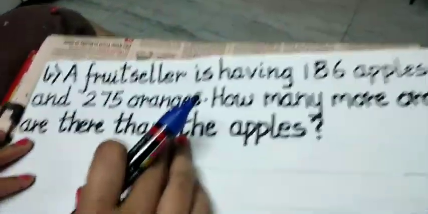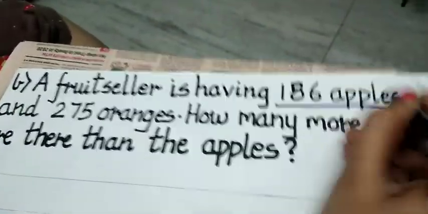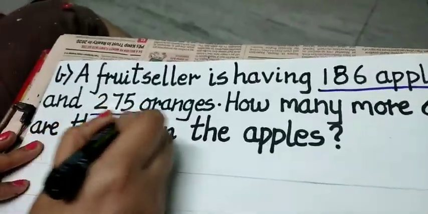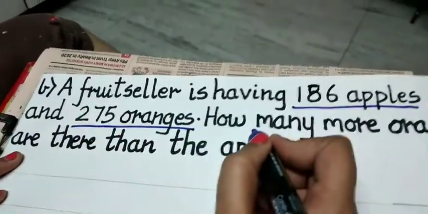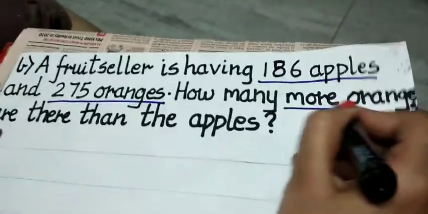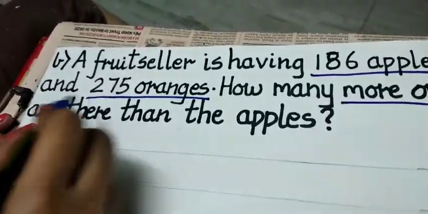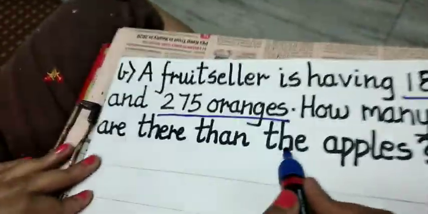The next question. A fruit seller has 186 apples and 275 oranges. How many more oranges are there than the apples?